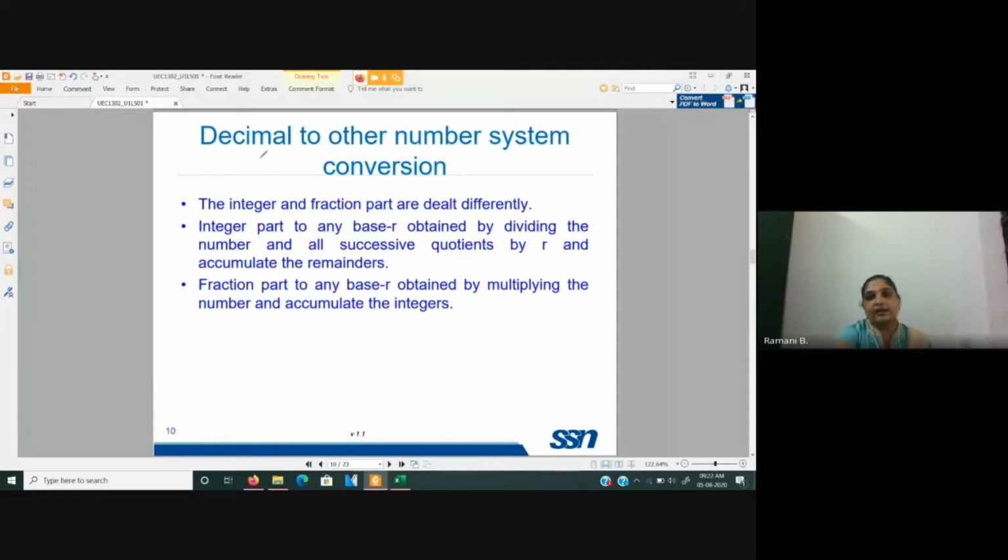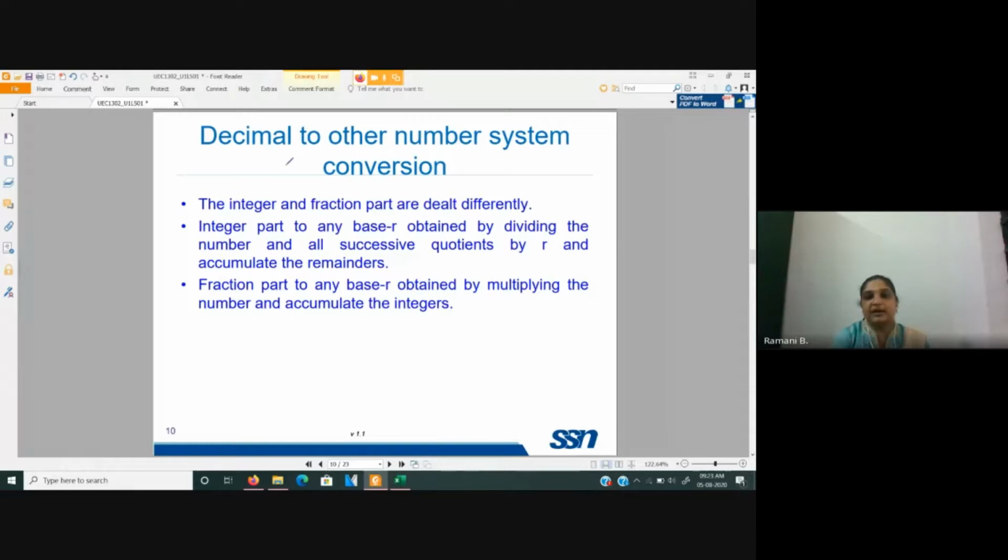If we are given a number, how do you convert it to any other base R system? In case of a decimal number, we will work with the integer part and the fractional part separately.